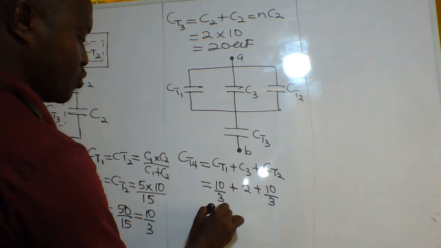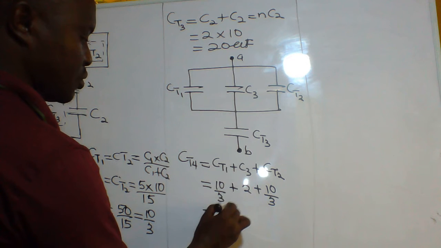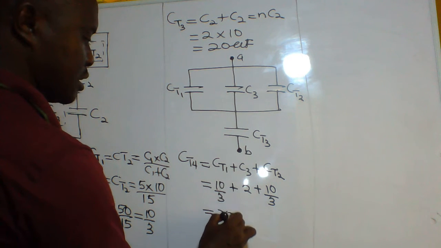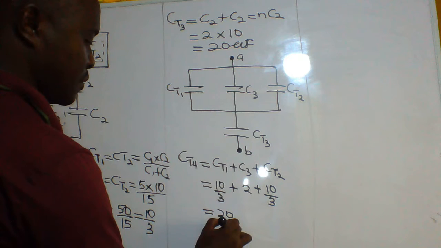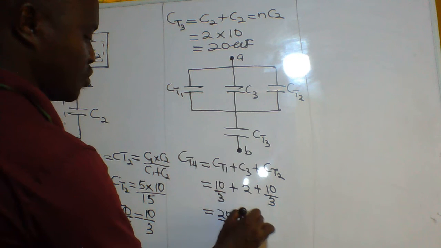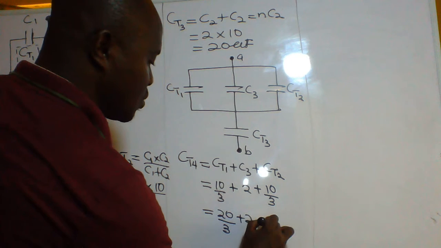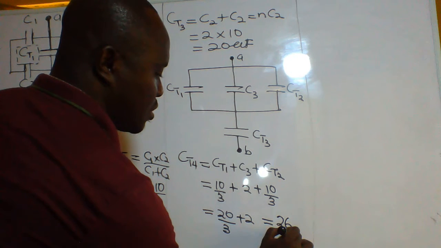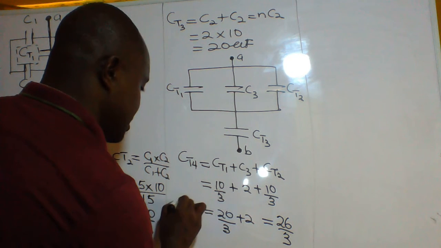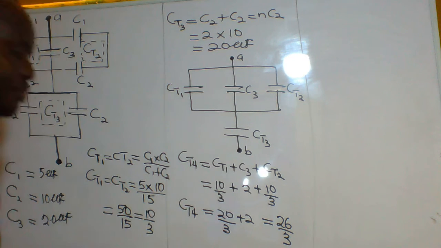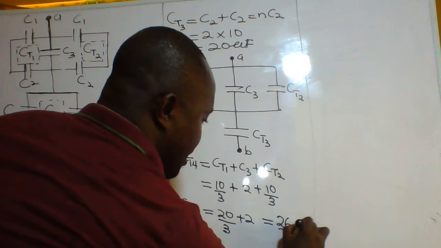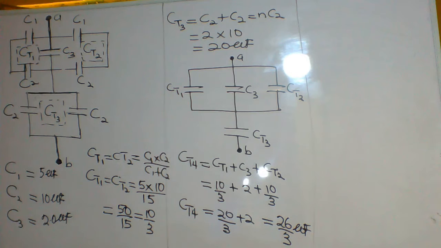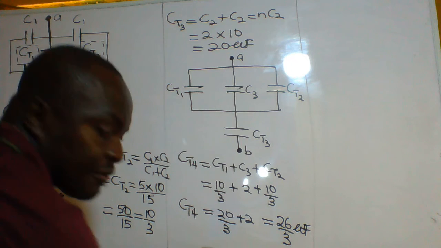So we have 2 of this, 20 on 3, plus 2. So this is equal to 26 on 3 as CT4. Don't forget microfarad.